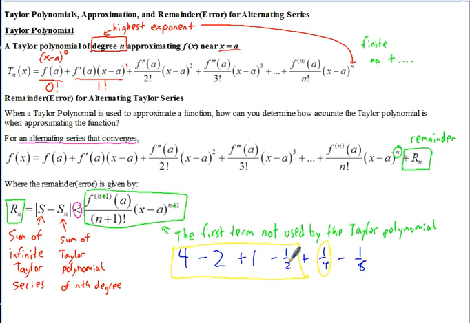So that's the idea. Now it says plus 1 here. A lot of times it will be the next power, but it's not always going to be. It's the next term, because sometimes we have terms that are 0, that are wiped out, and that's obviously not going to tell you what you're off by. So it's the next term in the series that you didn't use right after you stop your Taylor polynomial based on the degree. So let's see how that works for this one.